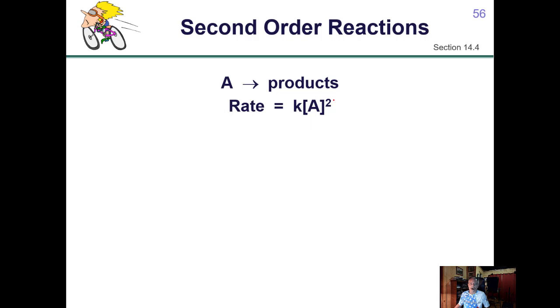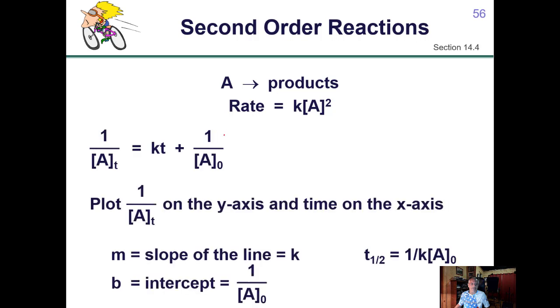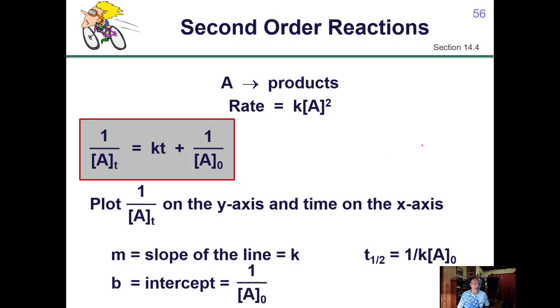If we derive and integrate this, we get this for a second order integrated rate law, which says that the inverse of A at time t is equal to a positive kt plus the inverse of the starting concentration. Now, once again, if you'll notice, this is equal to y = mx + b.